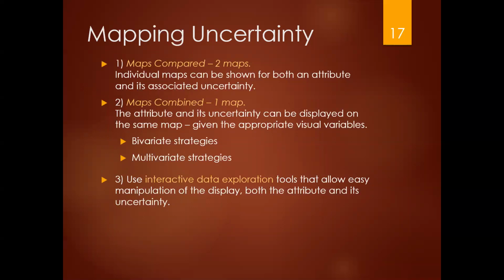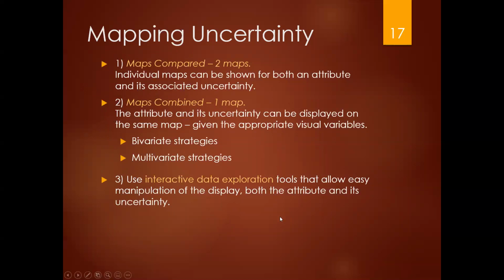Right? And you can also use interactive data exploration tools that allow easy manipulation of the display, both the attributes and its uncertainty. So basically, there are two types of methods, two maps or one map. The third method here, you can say it's the third method, but it's actually the same thing, right?